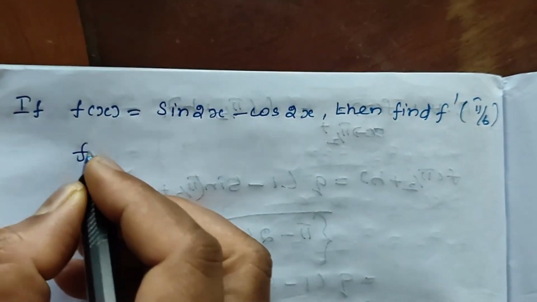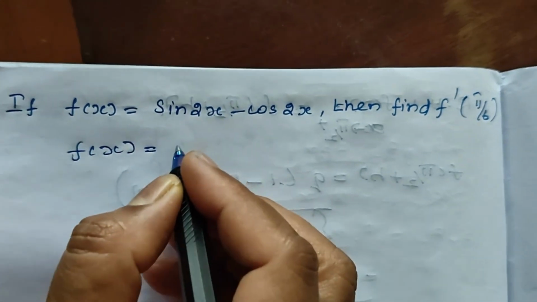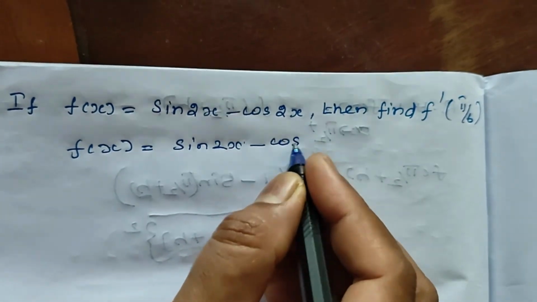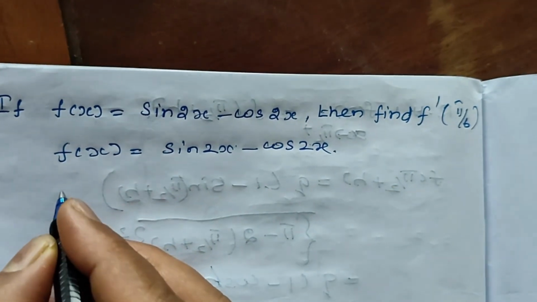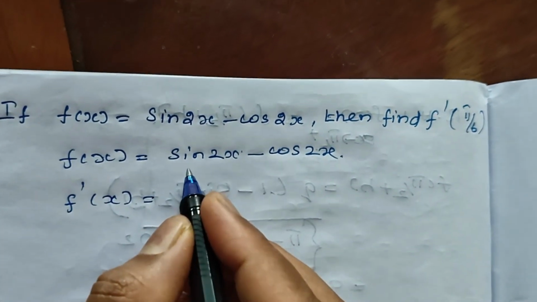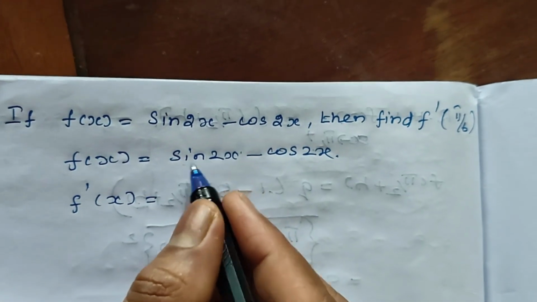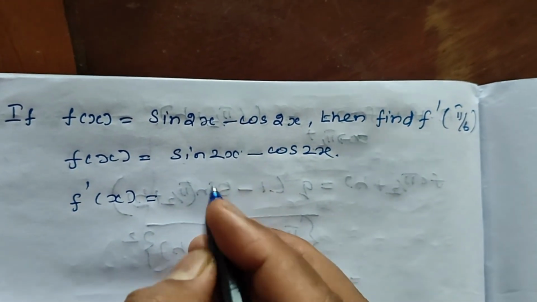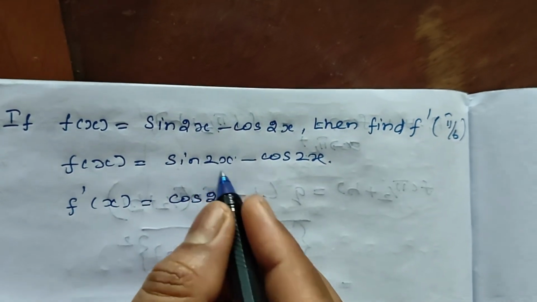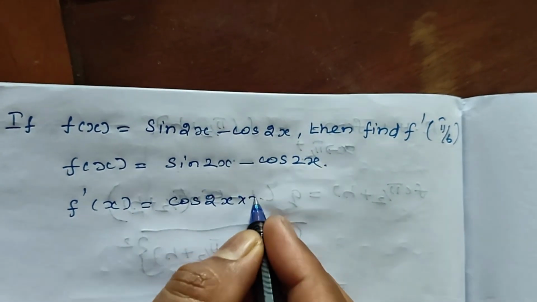f of x equals sin 2x minus cos 2x. Next you have to find f dash of x. f dash of x equals sin 2x. Differentiation of sin x is cos 2x into 2x. Differentiation of 2x is 2, so into 2.